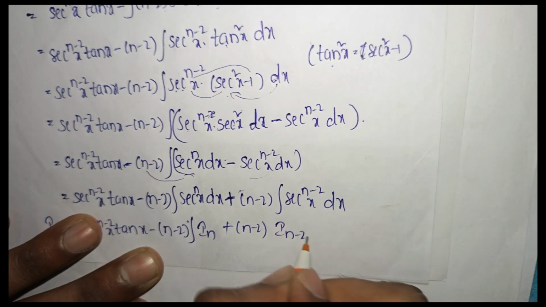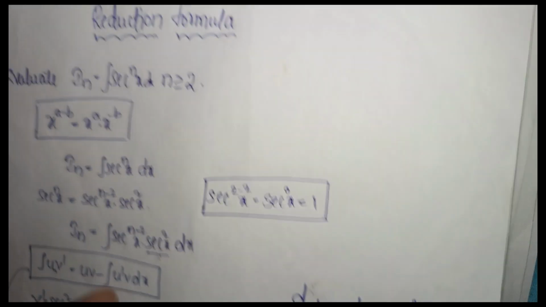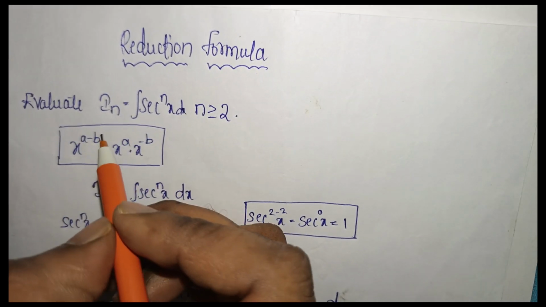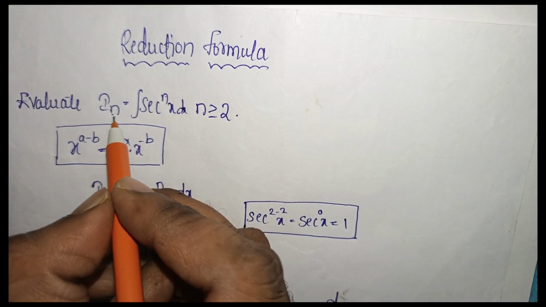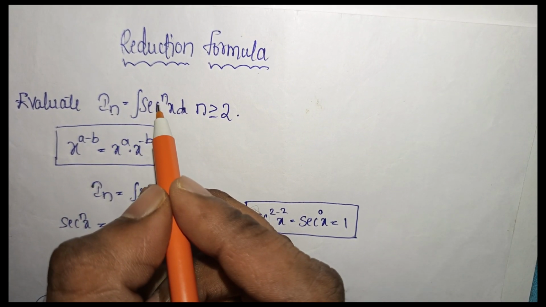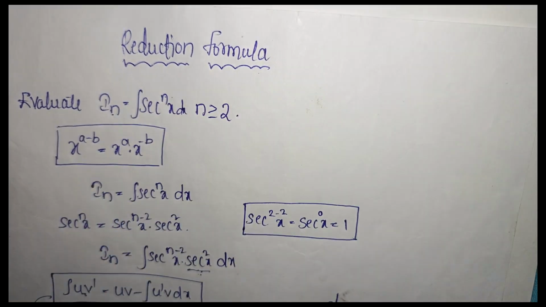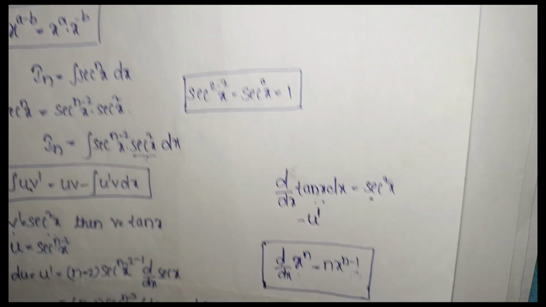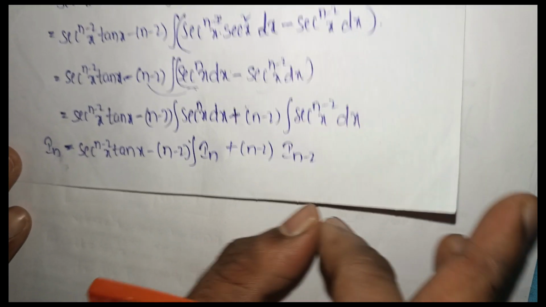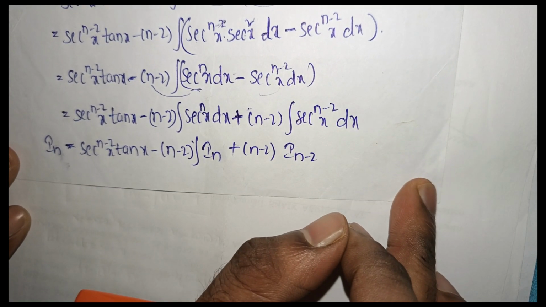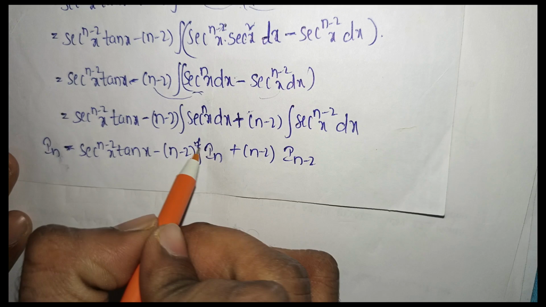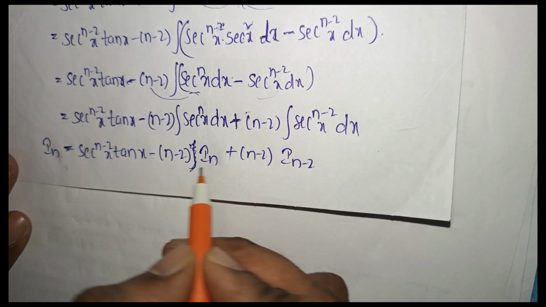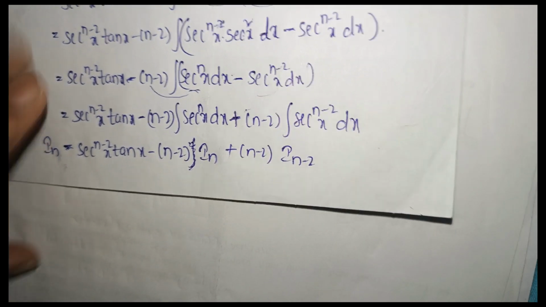In minus 2, right? What this means is, if here it is n, you have to keep here n. If it's here n minus 2, then you have to put n minus 2 here. So we can just equate like that. So what we got finally, In is equal to secant to the power of n minus 2 x tan x minus n minus 2 In. The integration will not remain again. So n minus 2 In plus n minus 2 In minus 2.